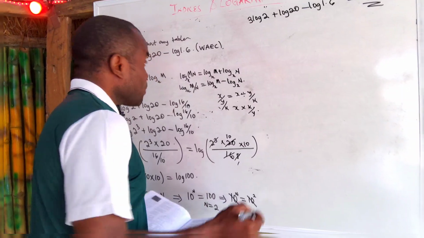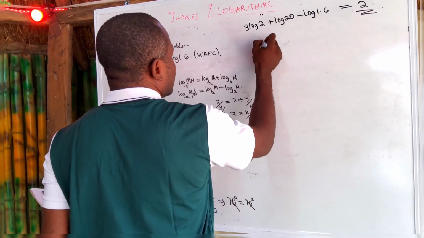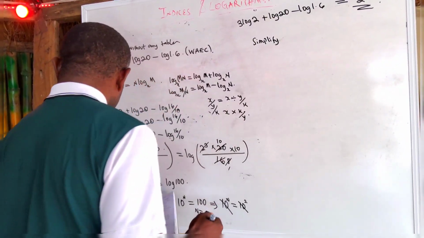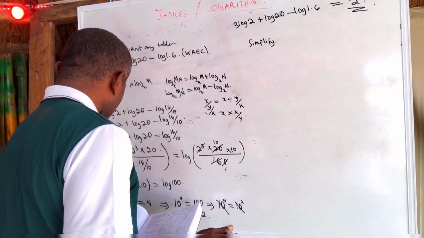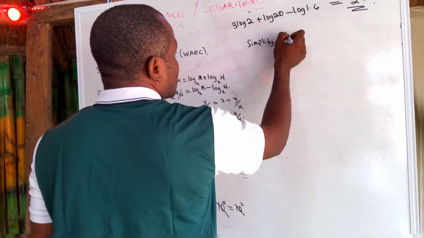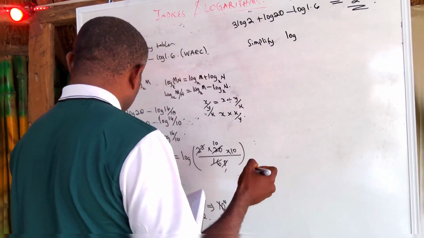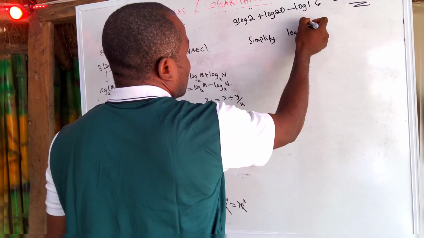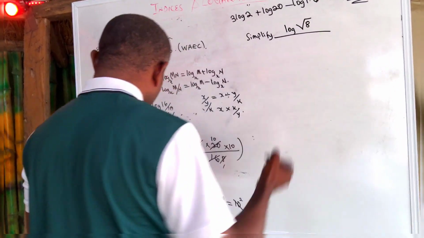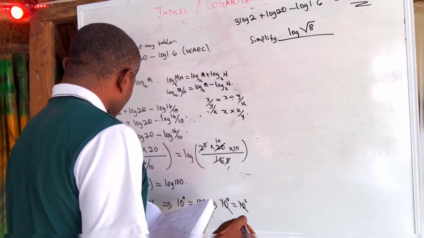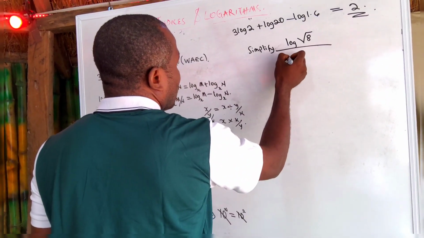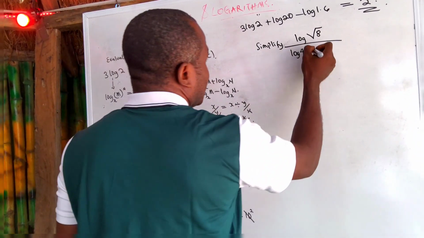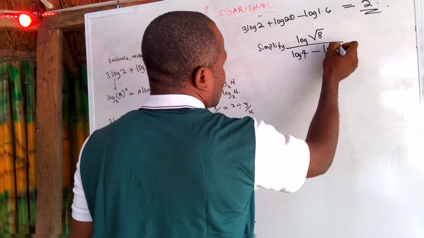We have: simplify log square root of 8 all over log 4 minus log 2.